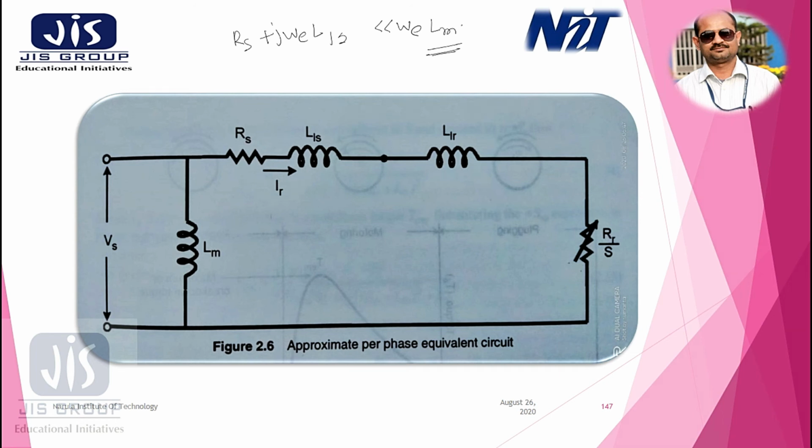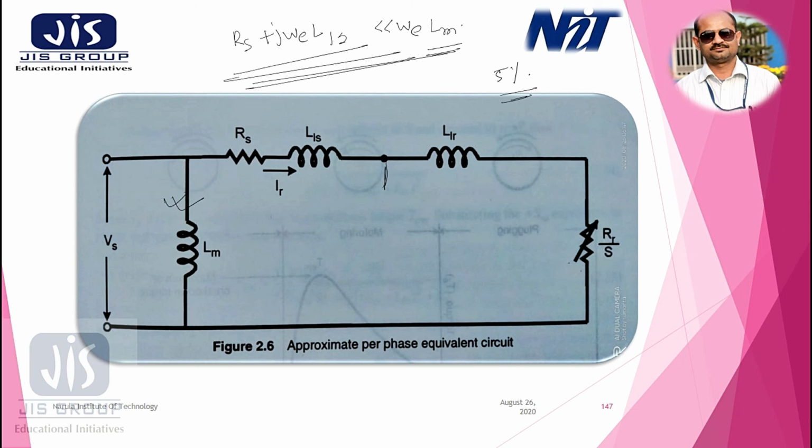So what we have done, we have shifted the shunt branch parameter from this place to this place, because this condition is true, and with this, the performance prediction with the simplified circuit gives only a 2% or maximum 5% error in case of an actual machine.